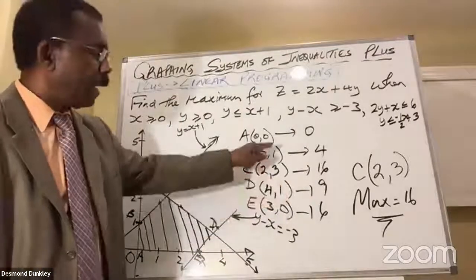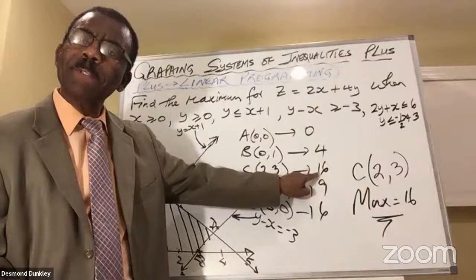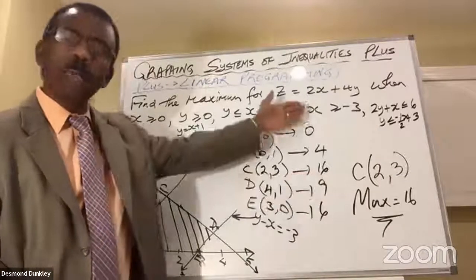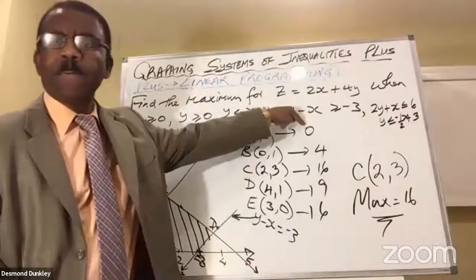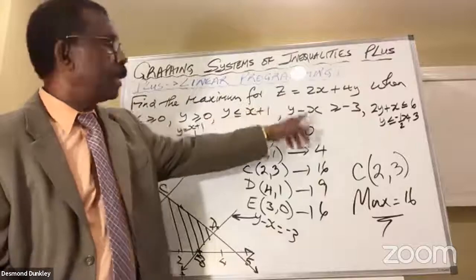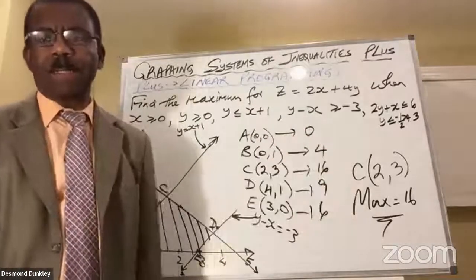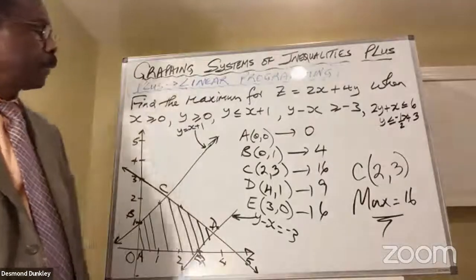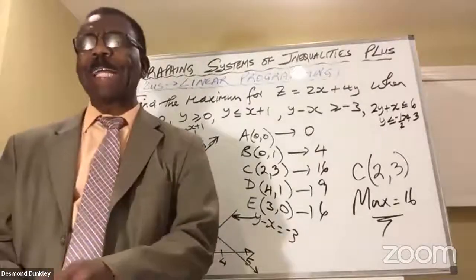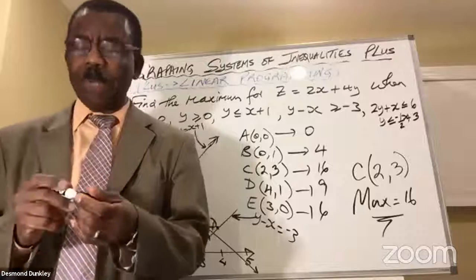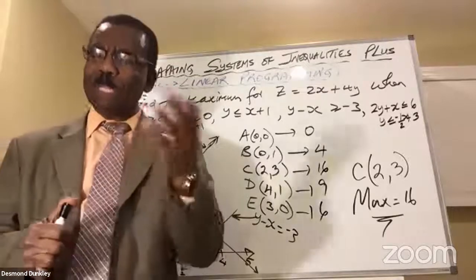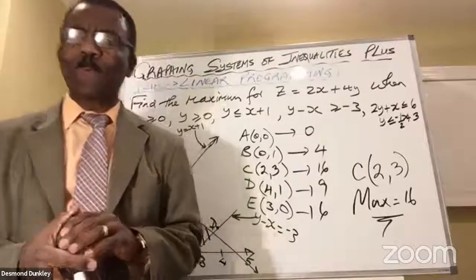All you have to do is, instead of taking the one that gives you the biggest value, you take the one that gives you the smallest value. So if you were asked for the minimum, it is 0. But that's too trivial in this case. So that's that for inequalities and systems of inequalities, plus your intro into linear programming.